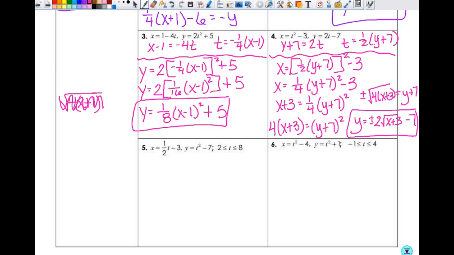Yes, ma'am. I'm not sure. We didn't solve for x and y. I used the x. Well, x was already by itself. It's because on this one, I used the x equation to get my t, and here I use my y equation, just because it was the easier one.